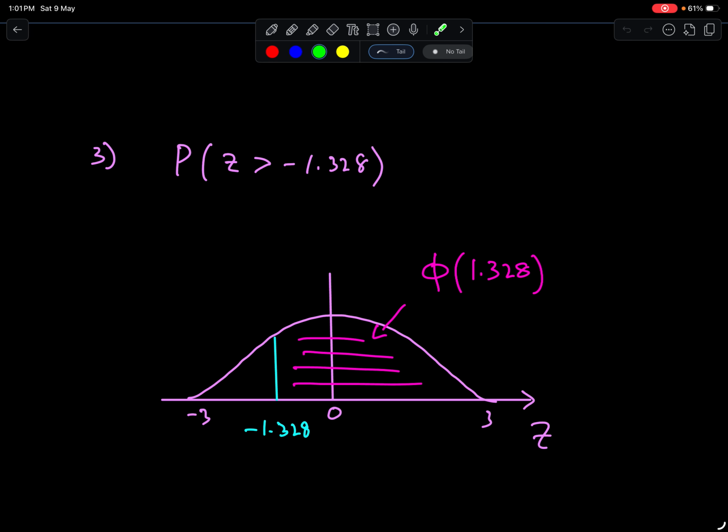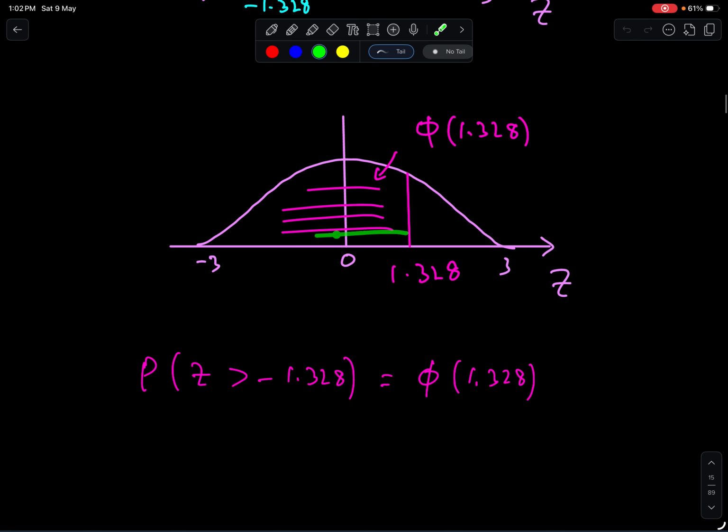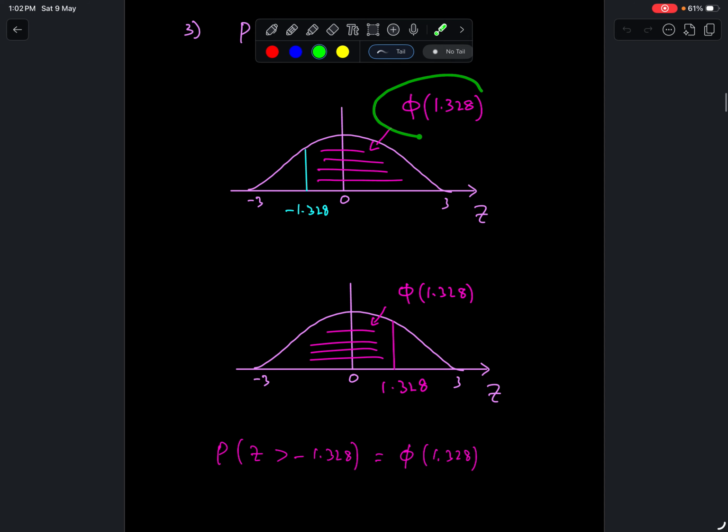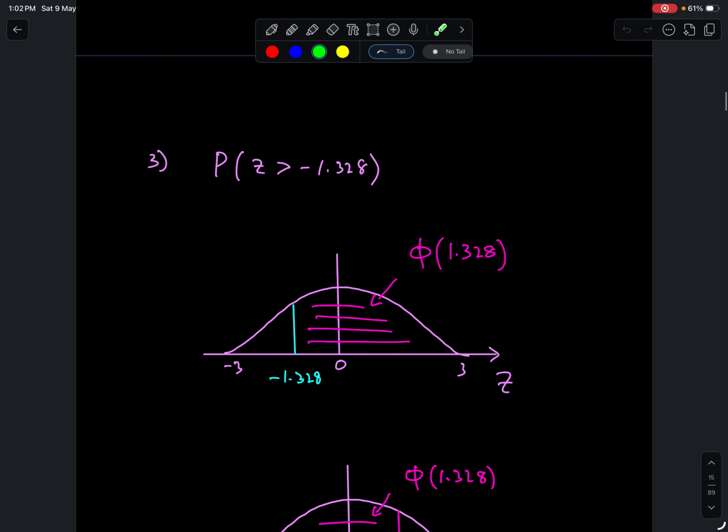If this is unknown, like minus A, then we have to write phi minus A. Remember this, if known, ignore negative, don't write negative. If unknown, must write negative. This area is phi. Why is this phi? Because of symmetry. Both areas are the same. That is why we write phi of the positive number. You just need to remember this.